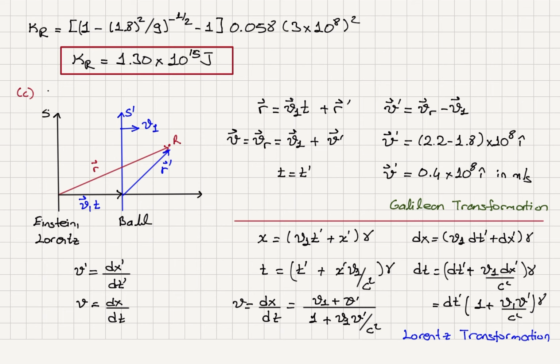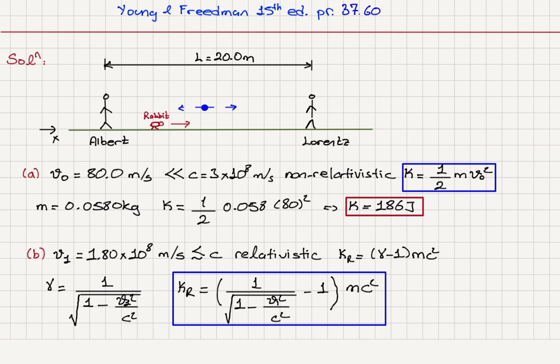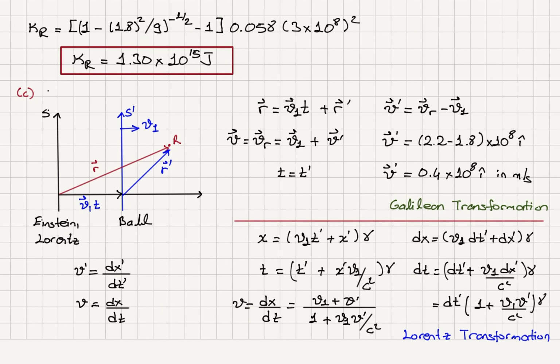So this is going to imply that 2.2 minus 1.8 times 10 to 8, 0.4 times 10 to 8 meters per second. Now, if I use the proper Lorentz transformation, first of all, I note that all of this motion is on the x-axis. So what I'm calling r here is really the x. X is v1 t prime plus x prime, multiplied by gamma. And t is not equal to t prime in the Lorentz transformation. It is t prime plus x prime v1 over c squared, multiplied with gamma. Writing this in differential form, dx is v1 dt prime plus dx prime, times gamma, and dt is dt prime plus v1 dx prime over c squared, times gamma.